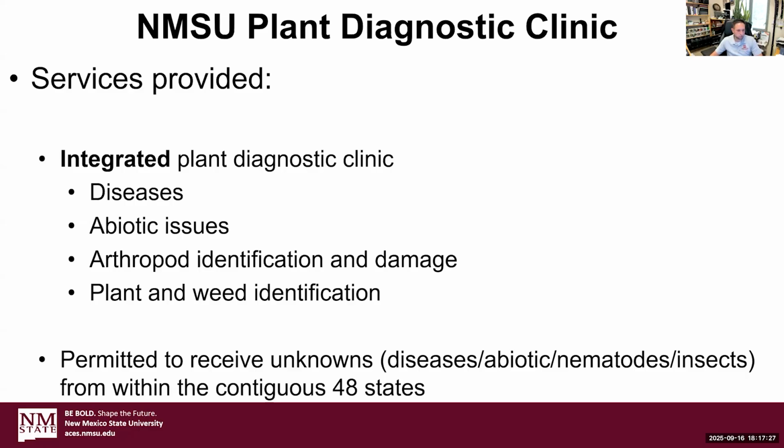So if you're not sure what that insect is, collect it, send it down to us, and our team of entomologists will identify it as well as provide management strategies for that. And then we have plant and weed identifications as well. So if you're not sure what that plant or that weed is, snap a picture, send it to us, or collect the weed, send it down to us as well, and we can identify that.